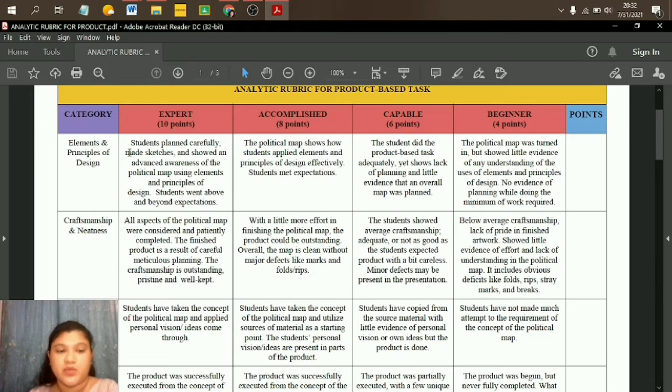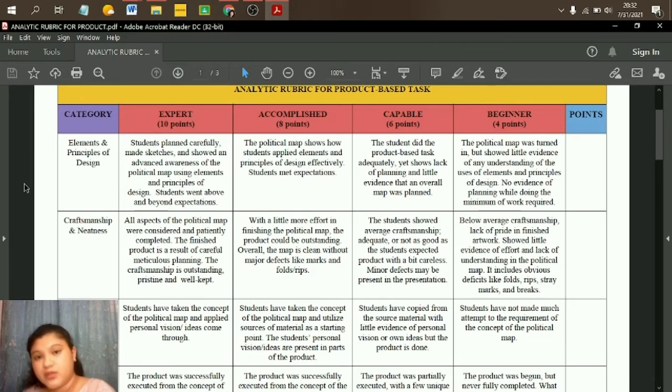So for example, for the expert, it says students planned carefully, made sketches, and showed an advanced awareness of the political map using elements and principles of design. Students went above and beyond expectations. For the accomplished, the political map shows how students applied elements and principles of design effectively. Students met the expectations.